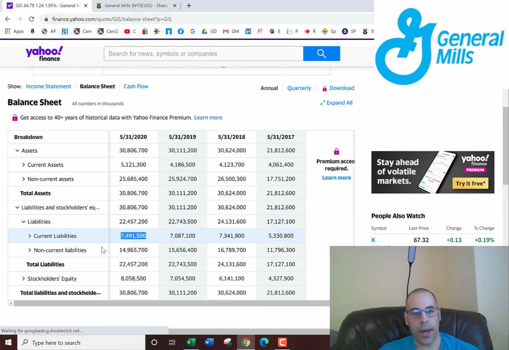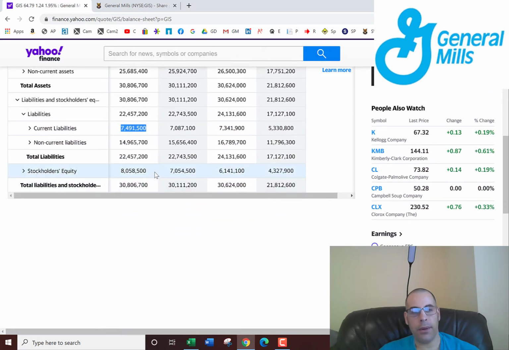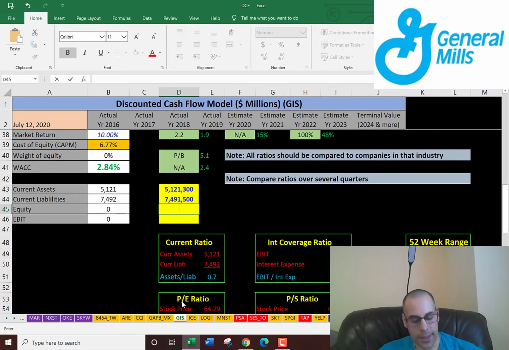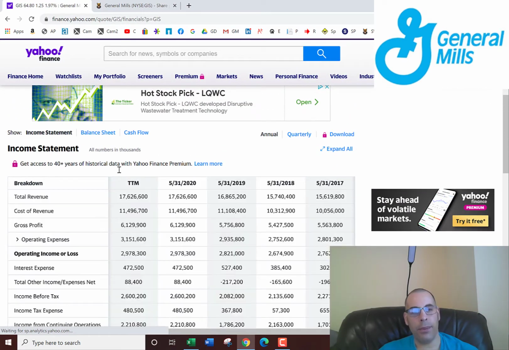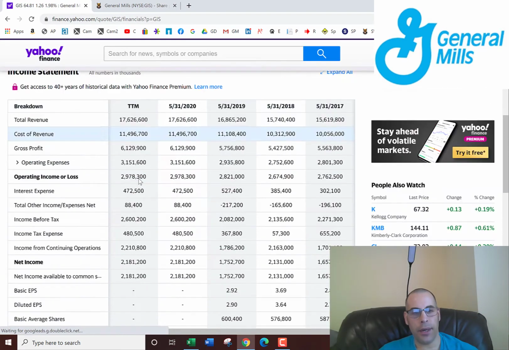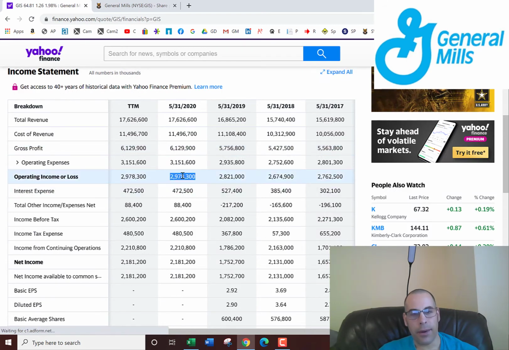And let's pull their equity. We need this number when we calculate the ROE later. And equity is assets minus liabilities. That's $8 billion. And their EBIT, we need the EBIT when we calculate the interest coverage ratio later. EBIT stands for earnings before interest and taxes, and that's $3 billion.